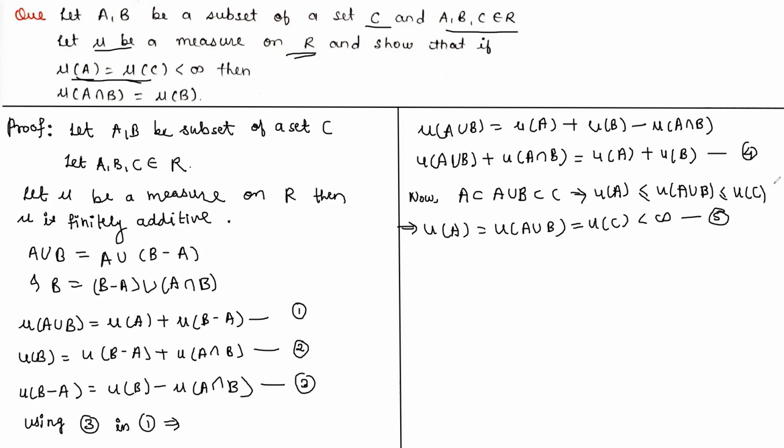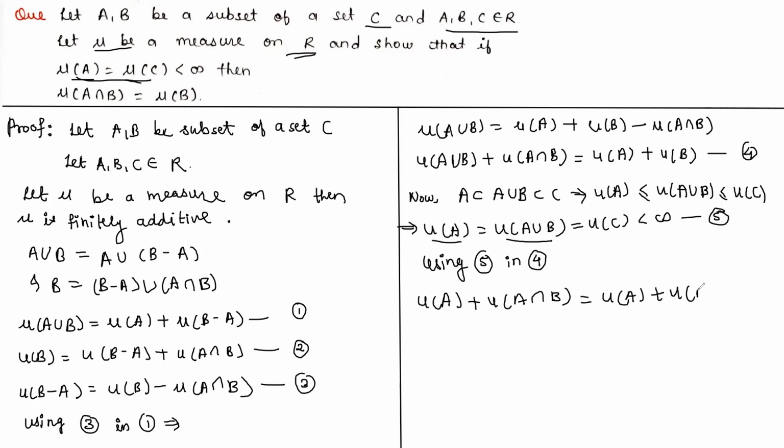Now using 5 in equation 4, we put measure of A union B equal to measure of A. So from 4 we get measure of A plus measure of A intersection B is equal to measure of A plus measure of B. So this measure of A gets cancelled on both sides.